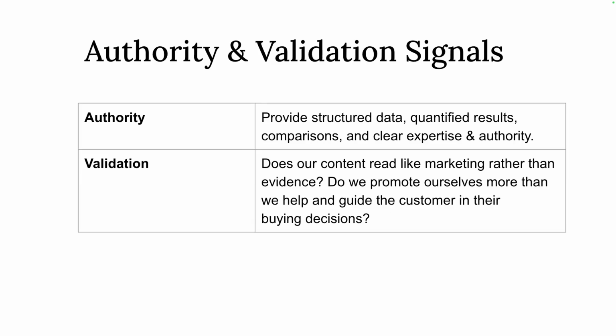Your content needs to be structured, quantified, you need to show comparisons. Here's something like awards, something like being cited on an industry platform that is widely recognized. Being cited on a third-party trust source like Trustpilot would show your authority, right?